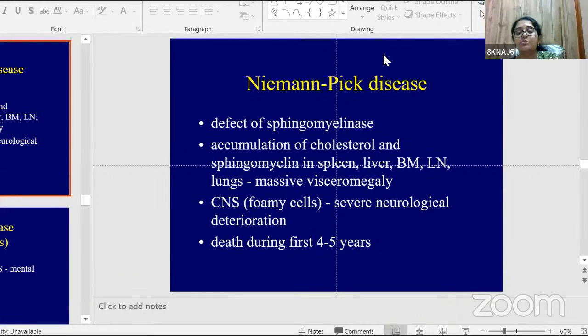Once may not make a difference, but if it is a continuous exposure, sometime or the other the fetus is going to get exposed. So this teratogen creates a problem or a birth defect in the child without the parent or mother even knowing. So that has to be taken care of.